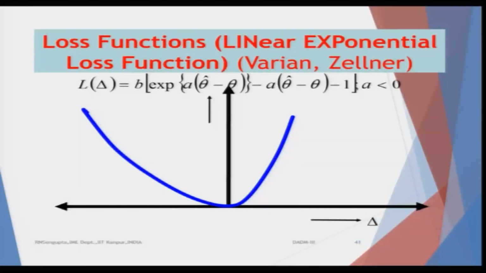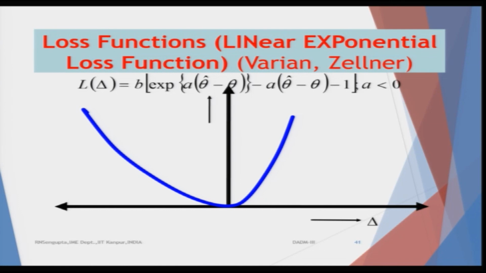That will be linear in nature, while if I go to the left hand side, the sign is negative, and theta hat minus theta is also negative. So the exponential would be a positive value, hence the dominance of the exponential part would be so large compared to the linear part.